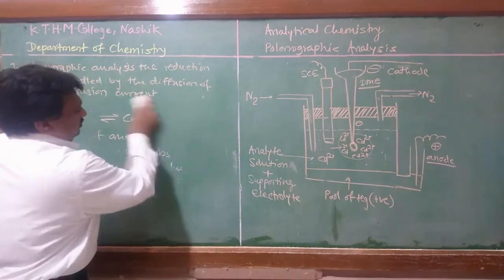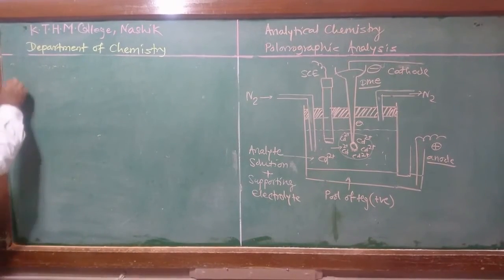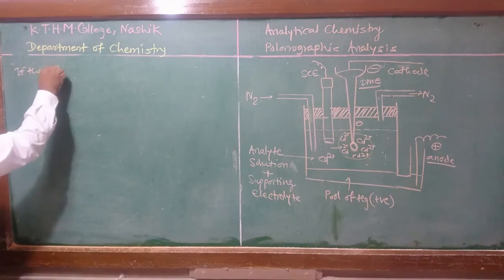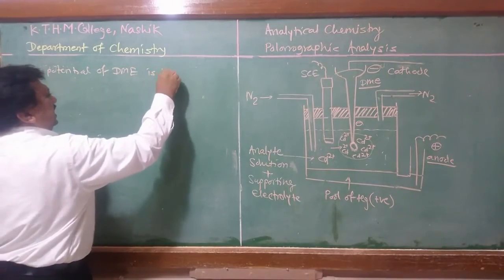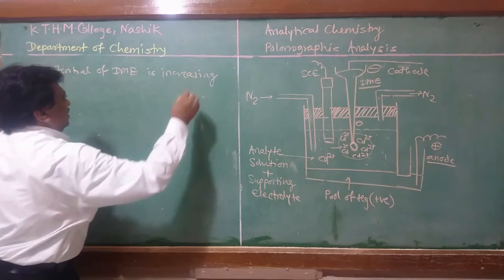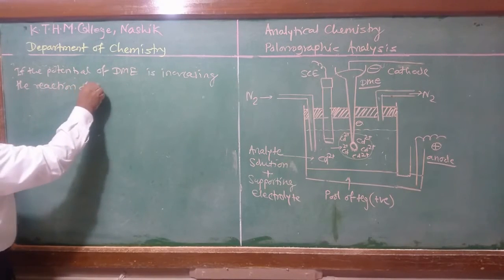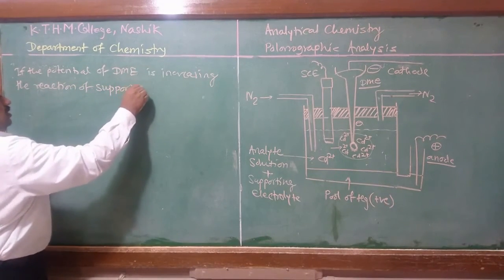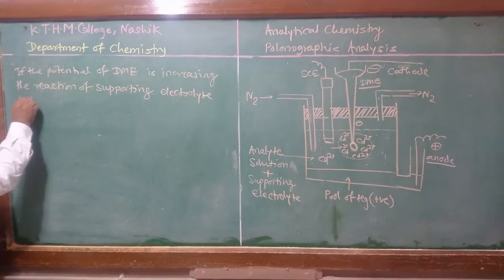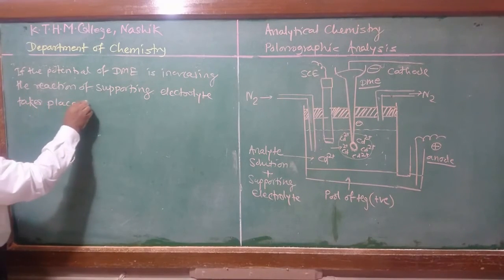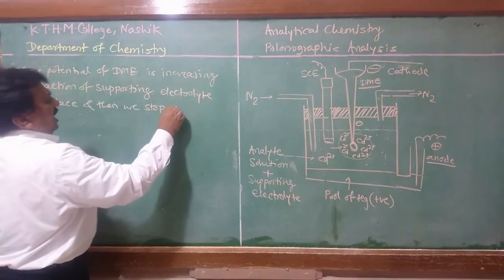If the potential of the DME is increasing, then the reaction of the supporting electrolyte takes place, and then we stop the analysis.